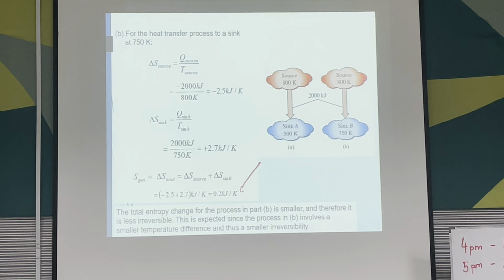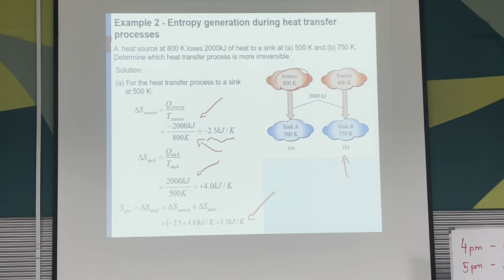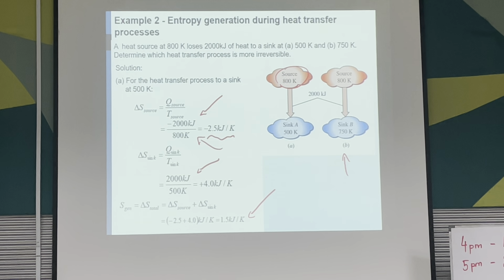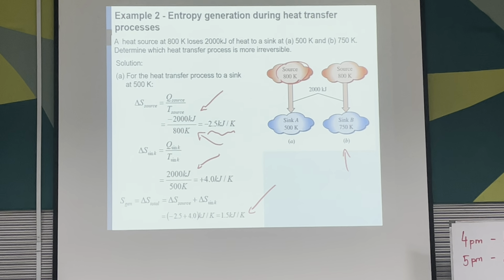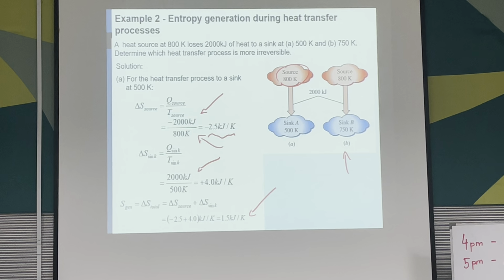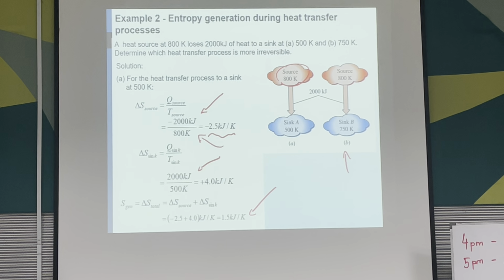The term that the question uses is which one is more irreversible. So what does more irreversible mean? Meaning it is further away from the reversible process, which means that it has more losses. So we know that entropy is a measure of irreversibilities.